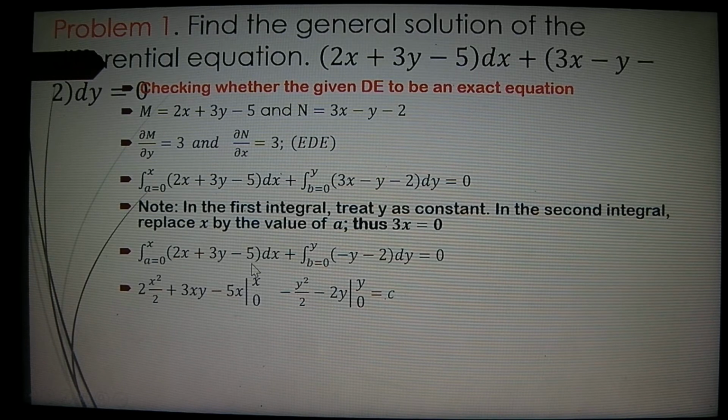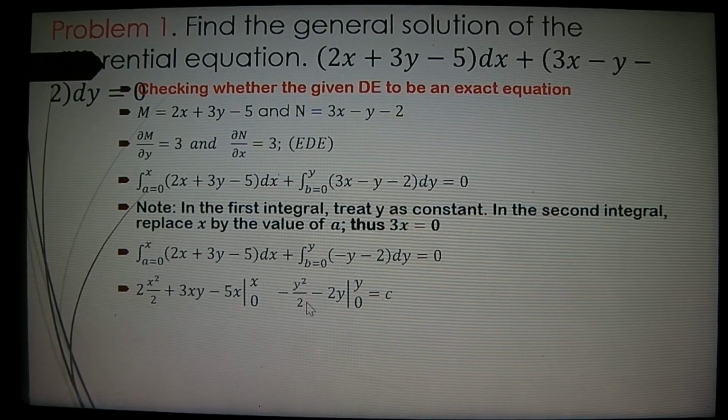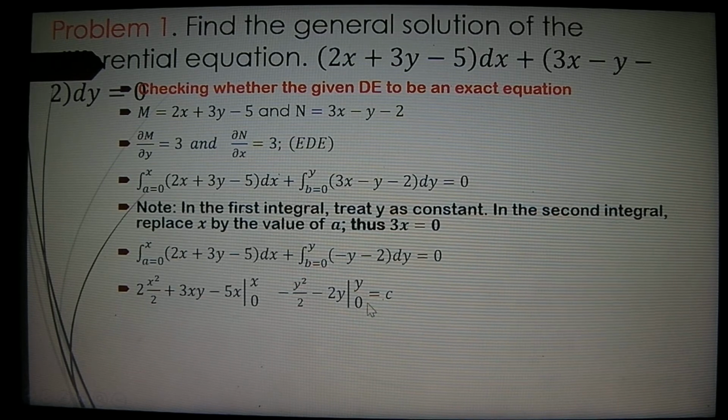Minus integral of 5 is 5x from 0 to x. While in the second one, we have to integrate negative y. So negative y squared over 2 minus 2y from 0 to y equals c. So therefore, it becomes x squared plus 3xy minus 5x minus y squared over 2 minus 2y equals c.